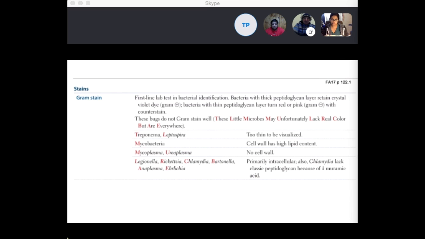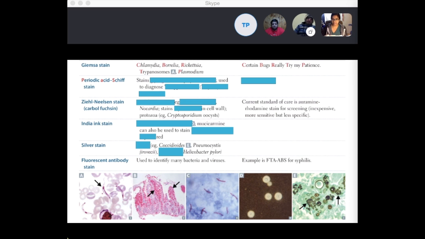Alrighty, so we will move on to the next slide, where there are some alternative or additional stains you can use to stain other things, as well as these bugs that did not gram stain very well.